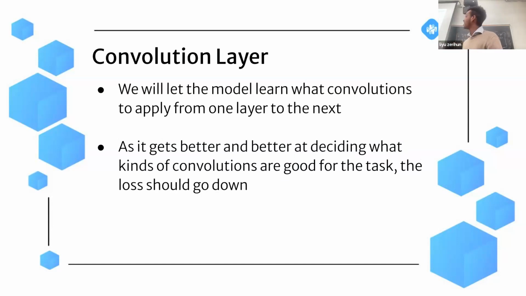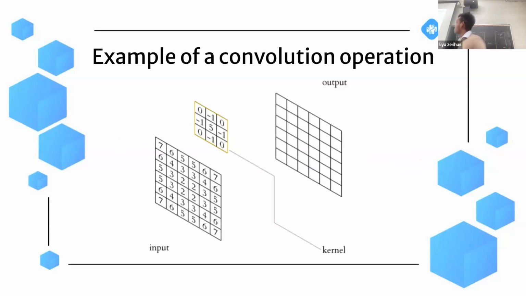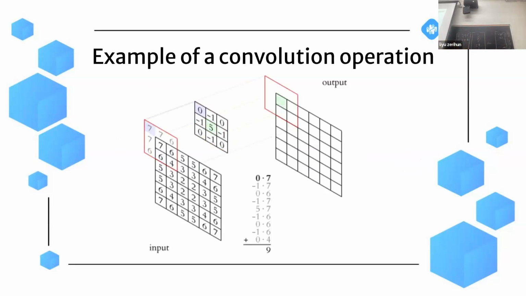Let's give you an example of this operation. This is our image, and this is our kernel. We take our kernel and slide it across our image. Each time, we take a dot product of the image and the kernel.